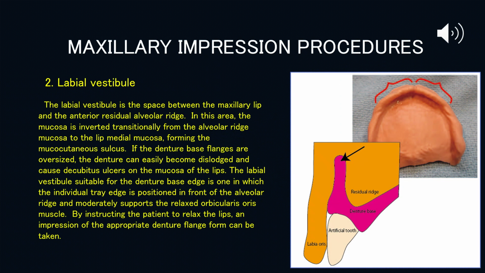Two. Labial vestibule. The labial vestibule is the space between the maxillary lip and the anterior residual alveolar ridge. In this area, the mucosa is inverted transitionally from the alveolar ridge mucosa to the lip medial mucosa, forming the mucocutaneous sulcus.